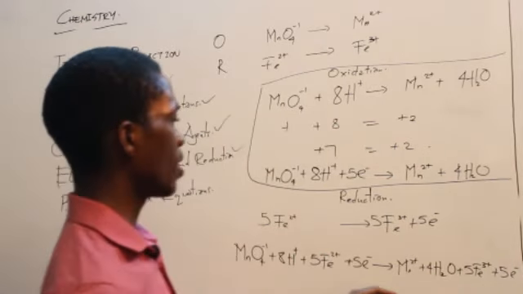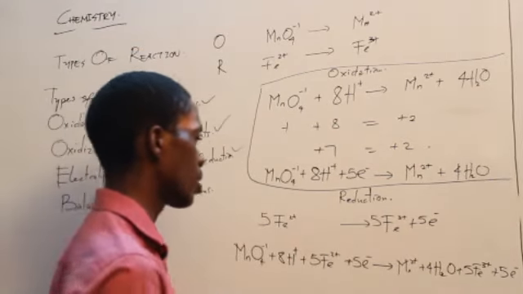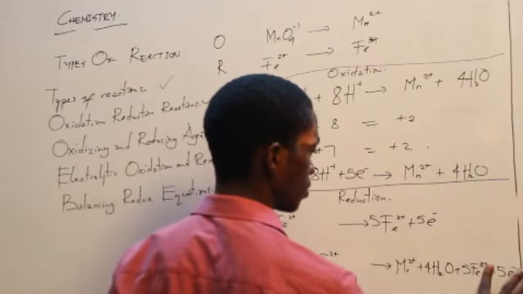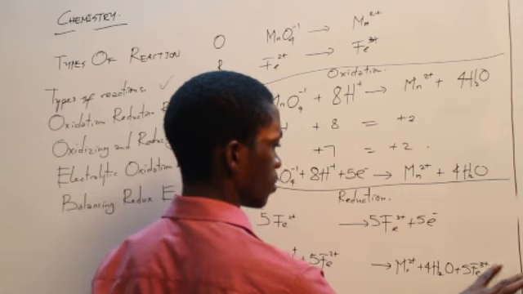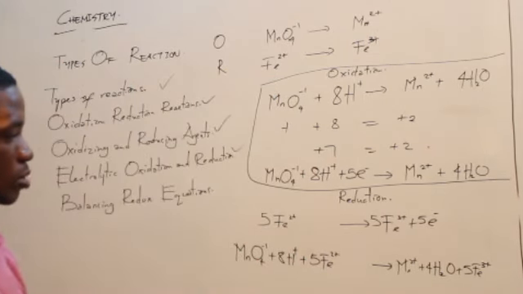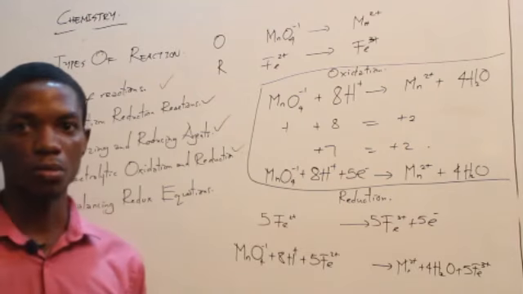So we see 5 electrons repeating itself, so we can take out the 5 electrons, and then our expression becomes what we have on the board.